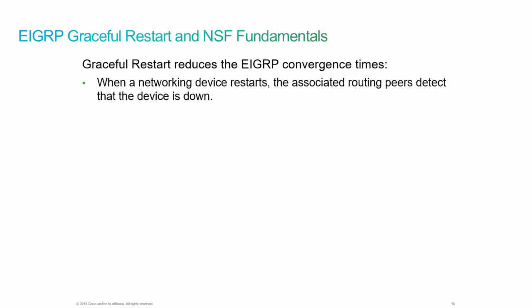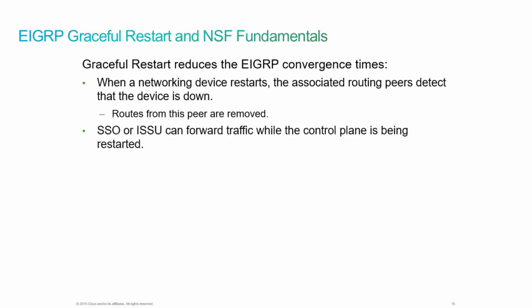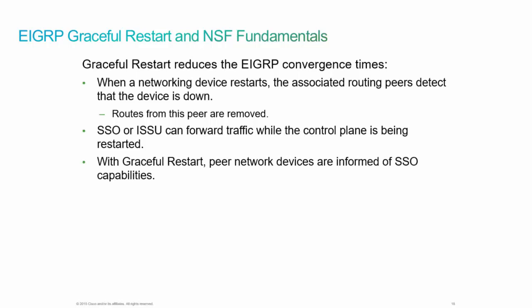Whenever that networking device restarts, the peers detect that that device is down, and we remove those routes. But with SSO and ISSU on a dual processor system, we can reboot the control plane on one processor and continue forwarding with the other.